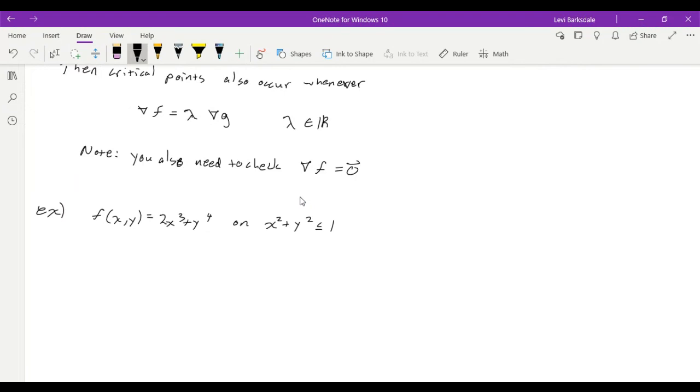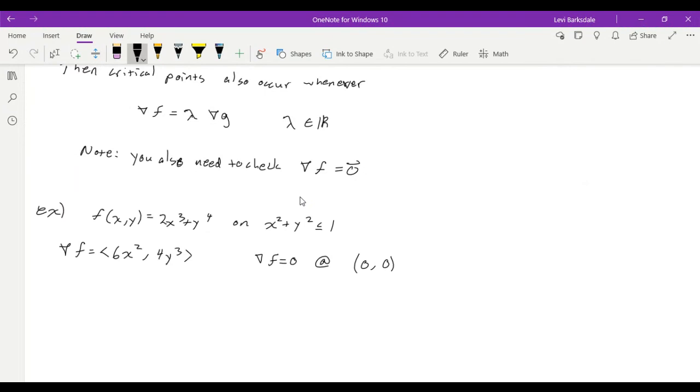Well, first off, we need to find our gradient of f, and that is 6x squared, 4y cubed. And we still need to find our normal critical points. So we set the gradient of f equal to 0, and we can clearly see that that would only occur at the point (0, 0). This would be our first critical point, (0, 0).